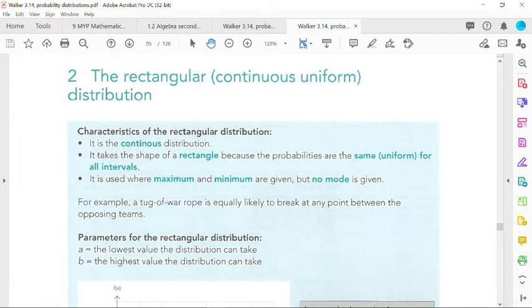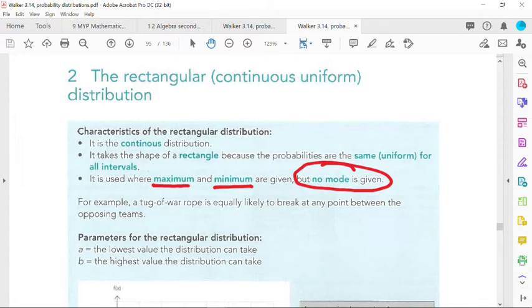You have the following information. You have a maximum and you have a minimum, but you have no mode. It doesn't tell you mode. And we're not going to worry about that too much right now because we're going to look at triangular distributions, and we'll talk about mode then. But the maximum and the minimum are given.